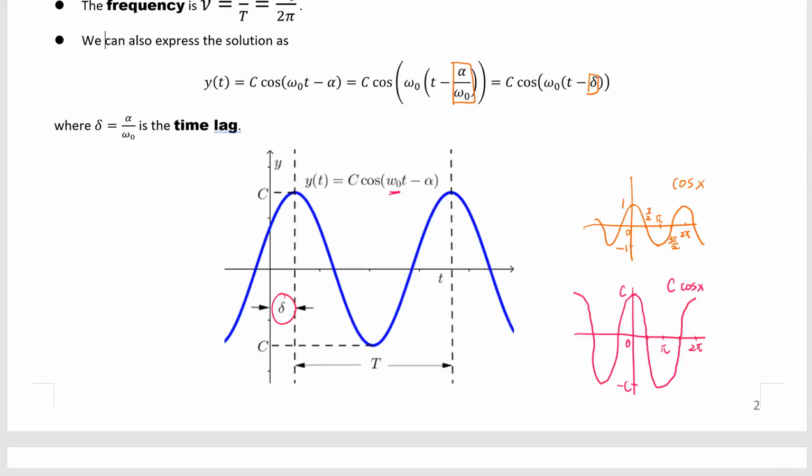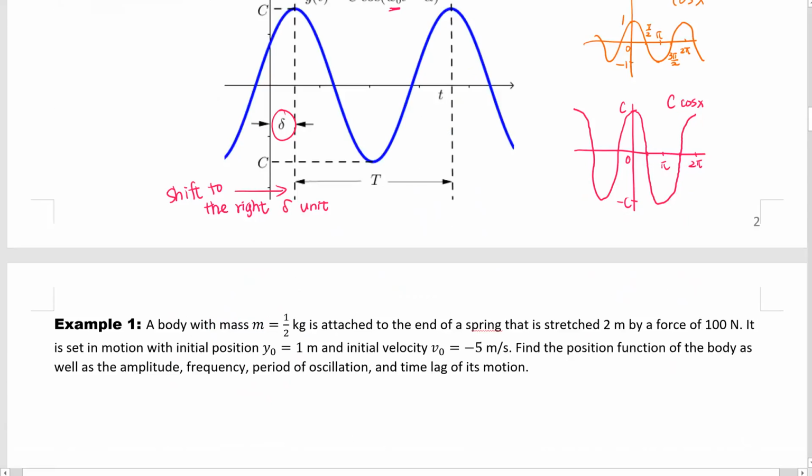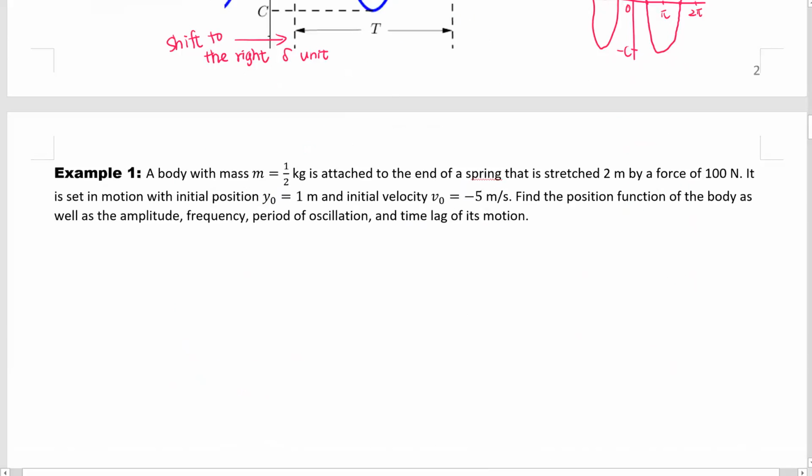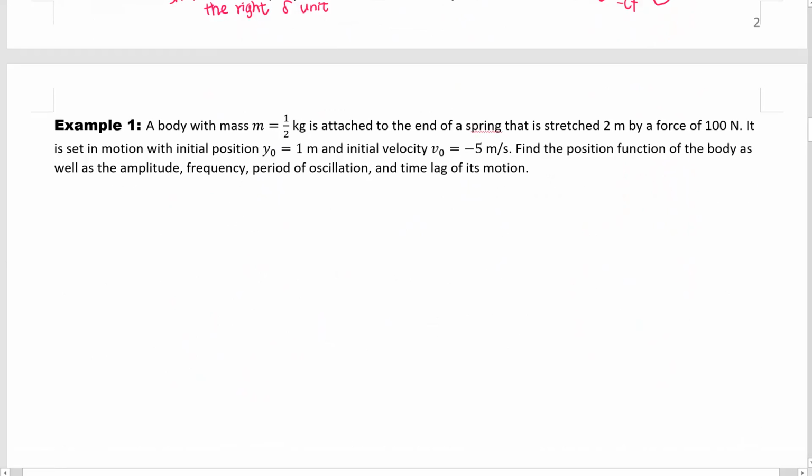Okay, how many units we shifted. So far so good. Okay. So this is like how much we shift to the right. Okay, delta units. Okay. So far, so good, everybody.